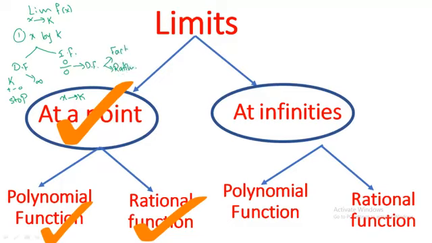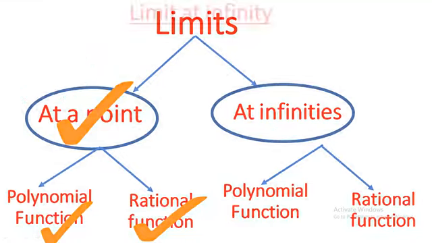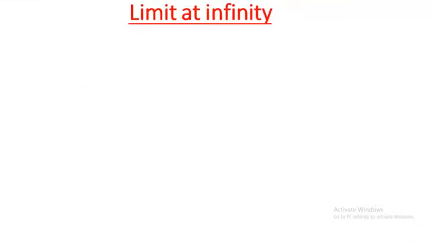Now we will continue our revision by reviewing the limits of a function, either polynomial or rational, when x tends to infinity. Let's start to calculate the limits of a function at infinity.